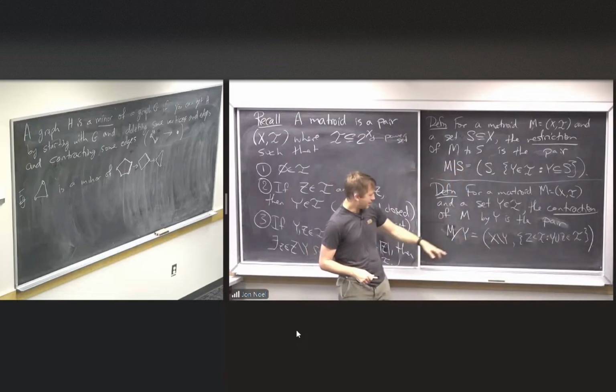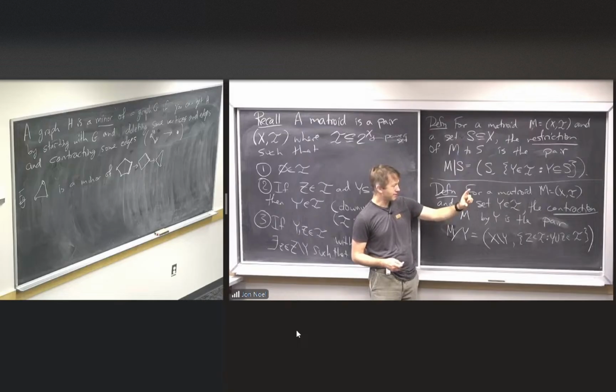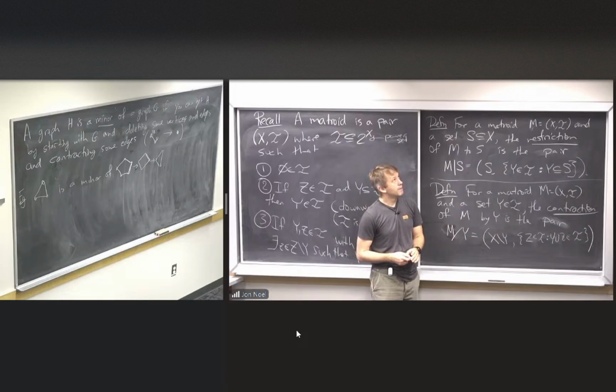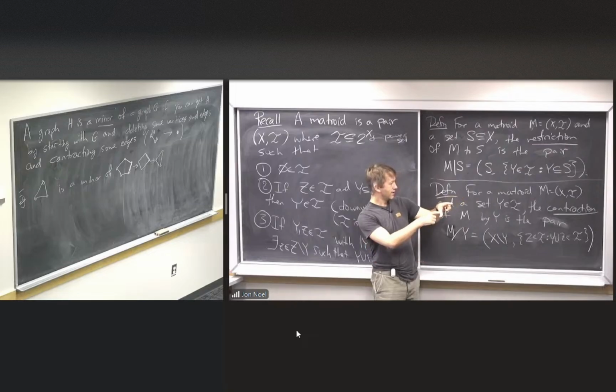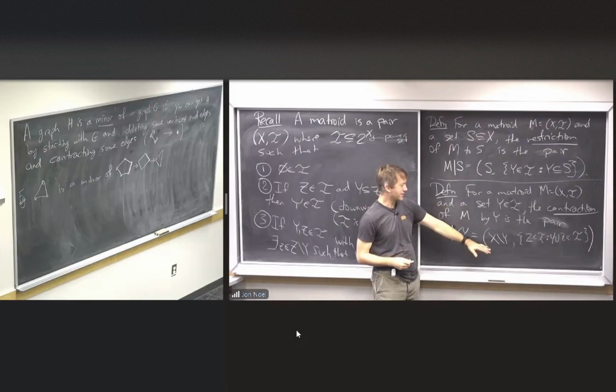And somehow this is related to contraction. Imagine I contract an edge, I just pull it together. It's a little bit harder to see, but if I take a spanning tree in the old graph, before I contracted the edge, this is the right condition.